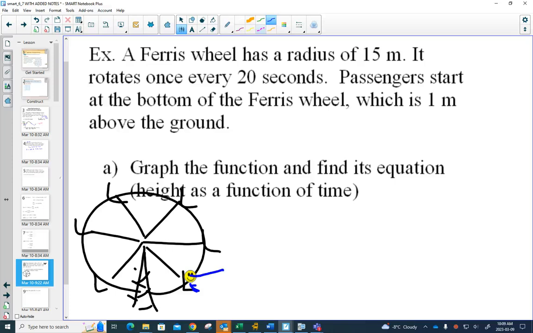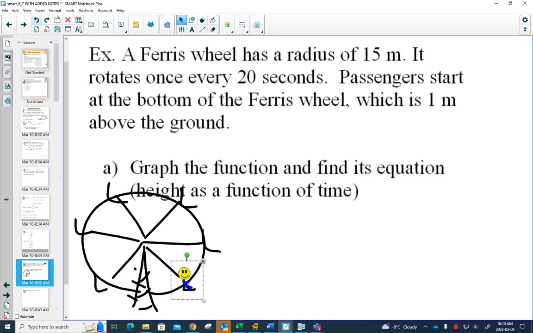Oops, I didn't want to draw space. We gotta make sure, there we go. All together. So much fun. And in 20 seconds, you go all the way around and have so much fun.